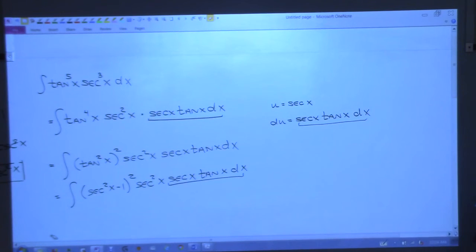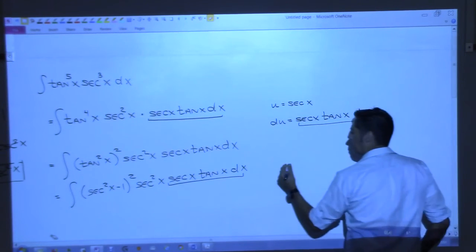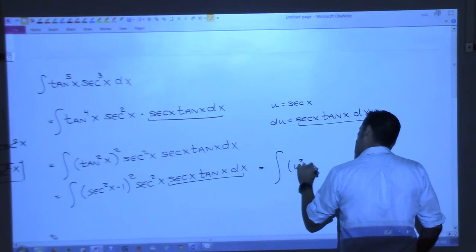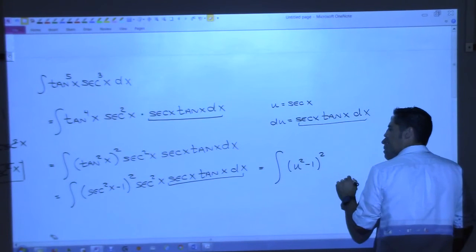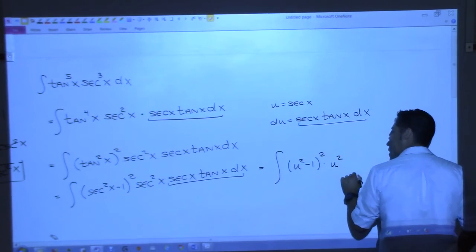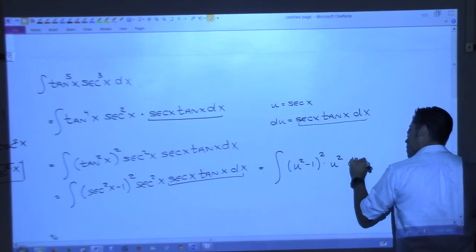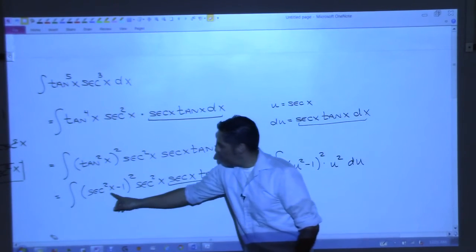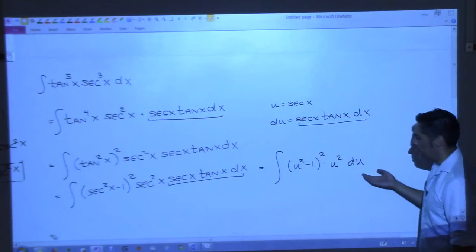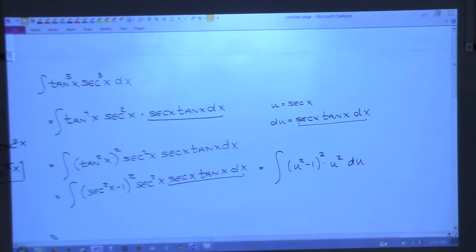So the new integral is u squared minus 1, that quantity squared, times u squared again, and then du. There it is. So what are you going to have to do now?